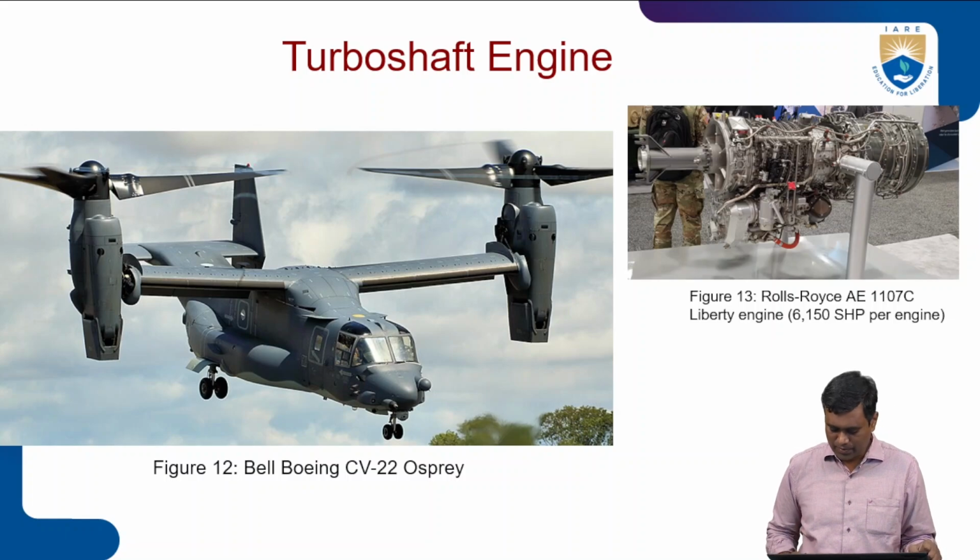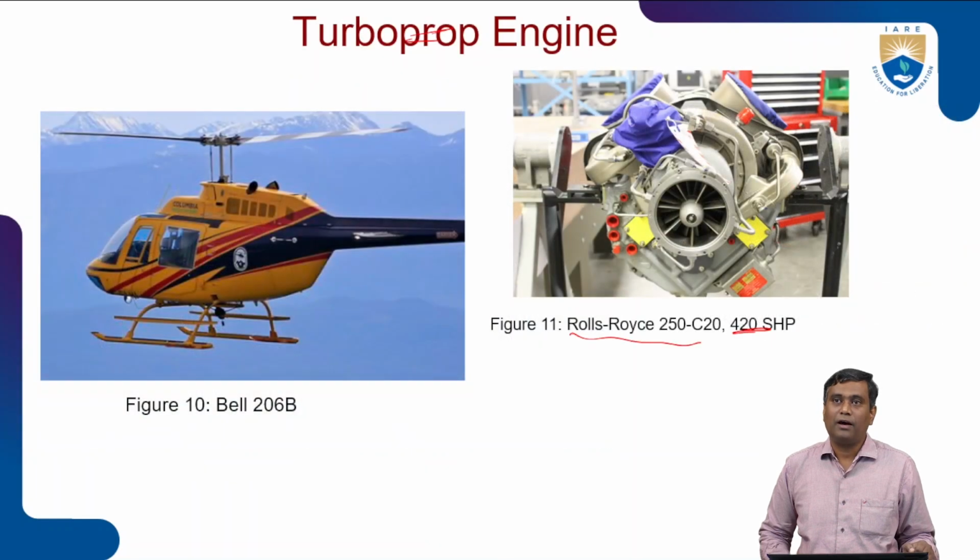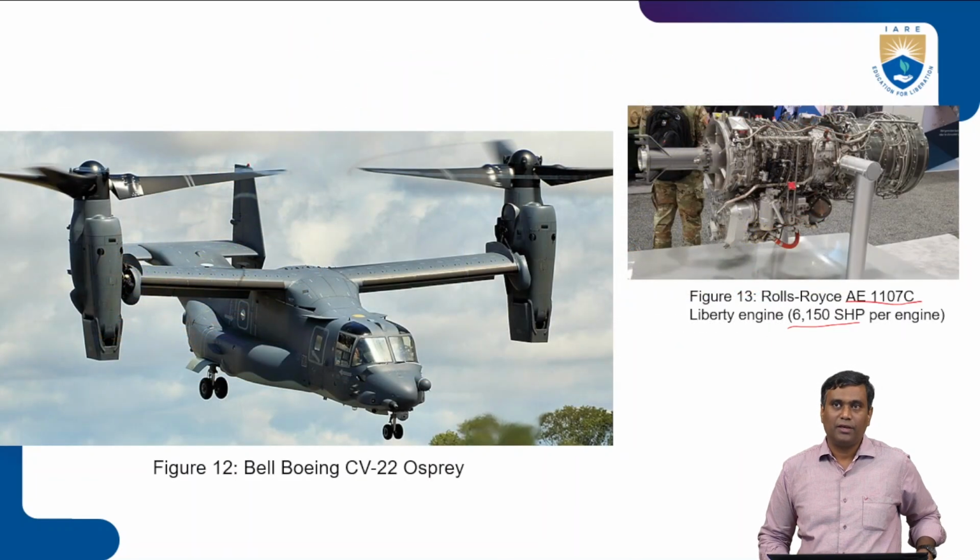Another well-known example is the V-22 Osprey, that is the Bell Boeing CV-22 Osprey, which is equipped with Rolls-Royce AE 1107C. Each engine supplies 6,150 horsepower. Earlier one is 420 each engine. Here, the Rolls-Royce AE 1107C engine can supply huge horsepower, that is 6,150 horsepower.